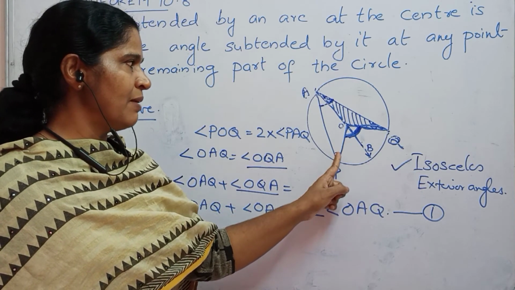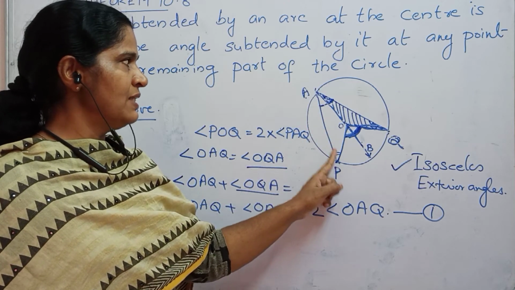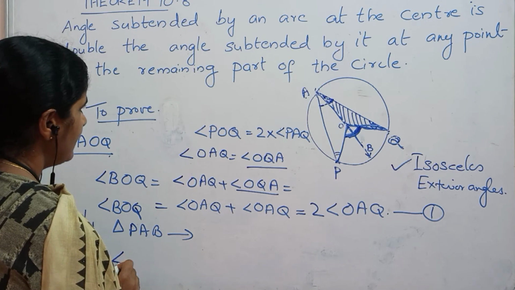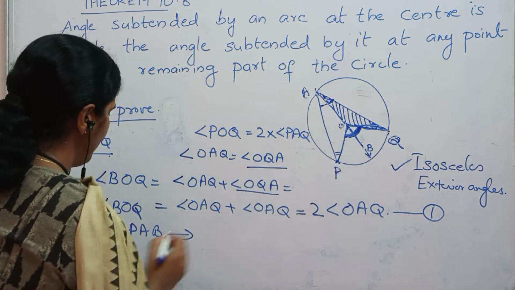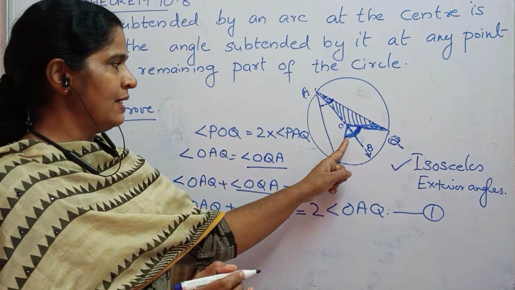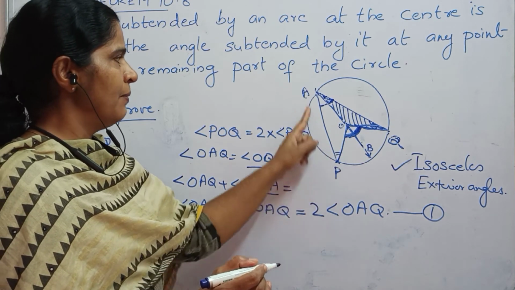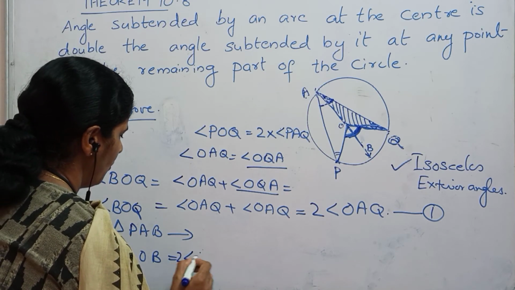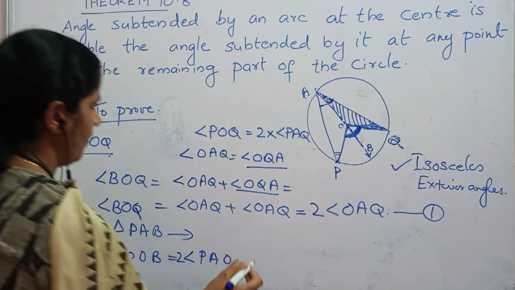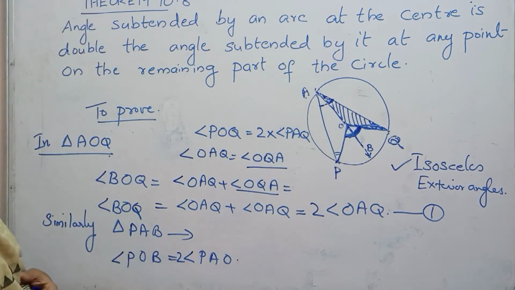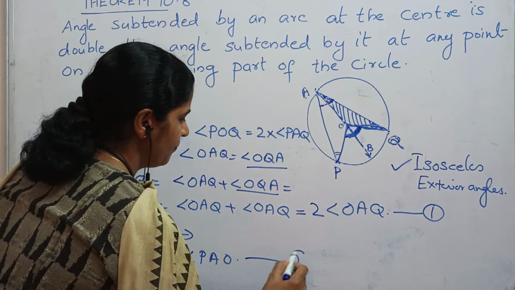This exterior angle is the sum of these two. In the place of this, I am writing this again. That will come as angle POB is equal to the exterior angle, 2 times PAO. This is the second equation.